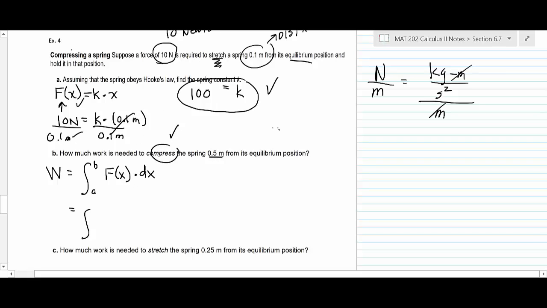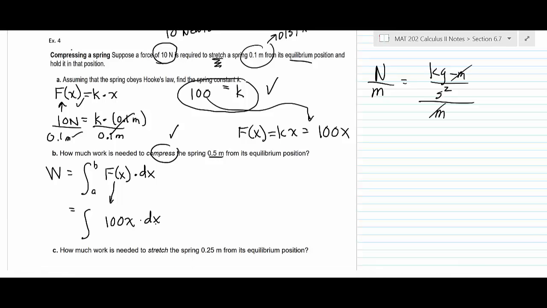Hooke's law says f of x equals kx, and we just got k was 100, so your force function is going to be 100x times dx. So you have to first find k if that's not given to you.